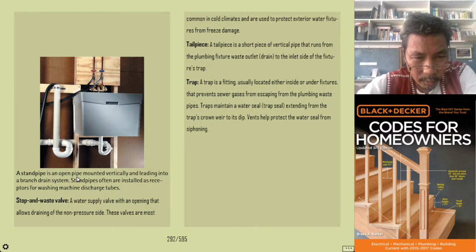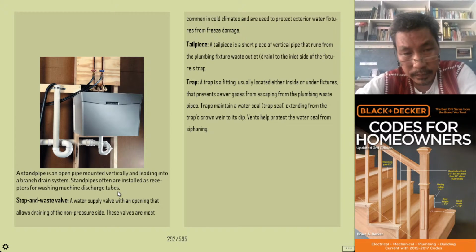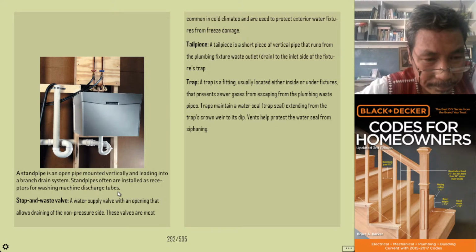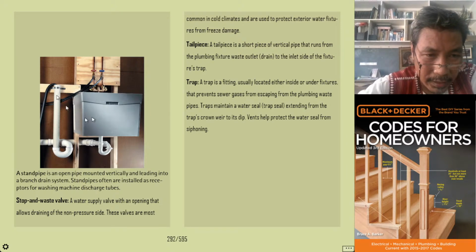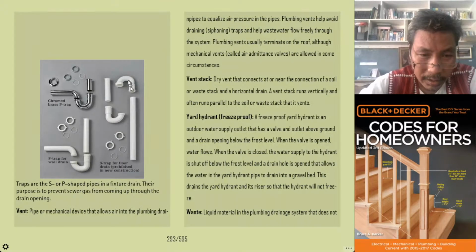It's an open pipe mounted vertically and leading into a branch drain system. Standpipes often are installed as receptors for washing machine discharge tubes. That is a standpipe. Letter S, so this is a strap.